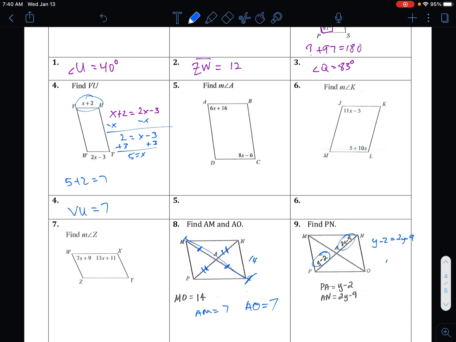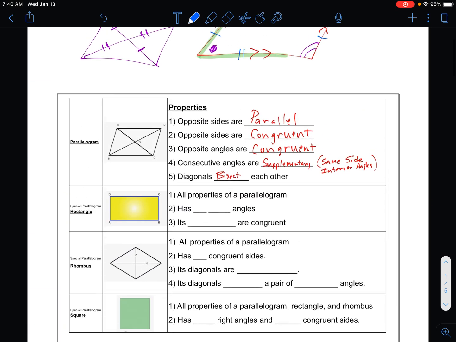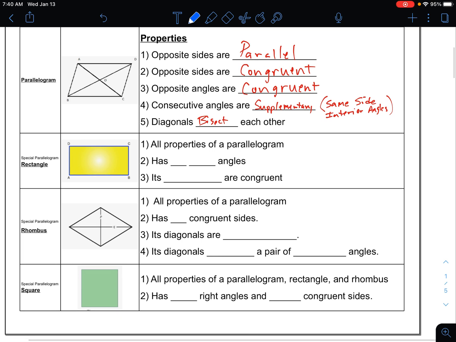Either you're setting them equal to each other, or you are adding them together to equal 180, depending on which angle pair. So good luck. Go back through and always review these. And as we go through the week, I would just keep adding your new worksheet to this, and then we'll add all the information that we have on here as we go through as well.